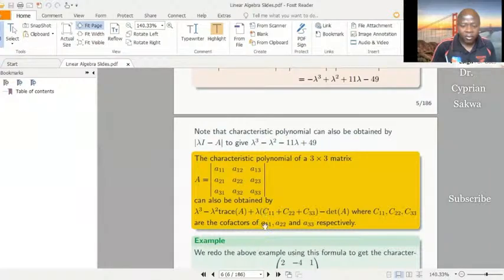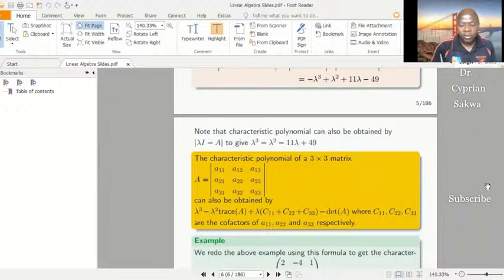C11 is the cofactor of element A11. And C22 is the cofactor of element A22. And C33 is the cofactor of element A33. That means we're getting the cofactors of the elements along the leading diagonal, adding those cofactors and multiplying by lambda. Now, if you don't know how to get cofactors, I'll be showing you how to do that. Then minus the determinant of A.